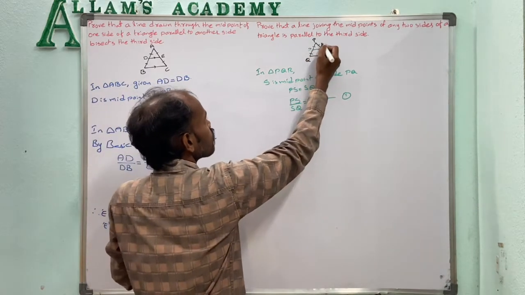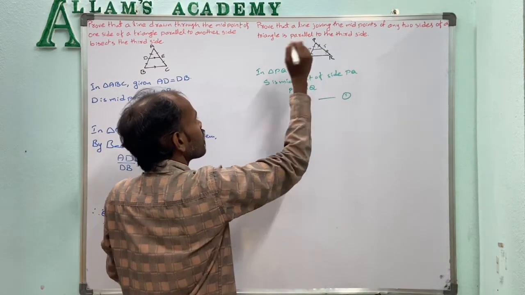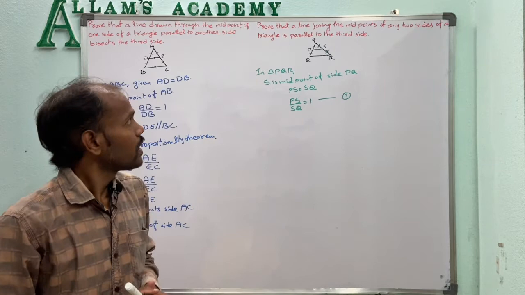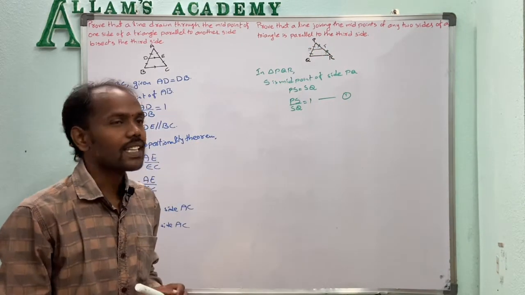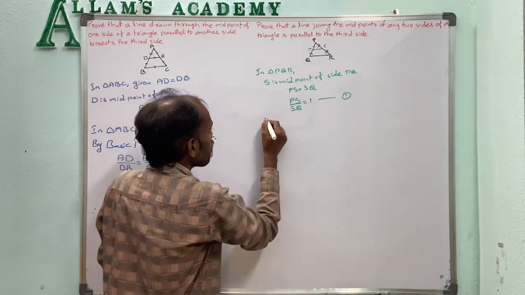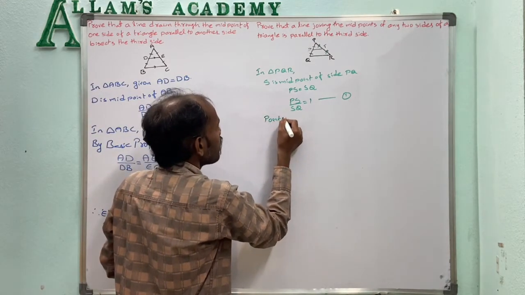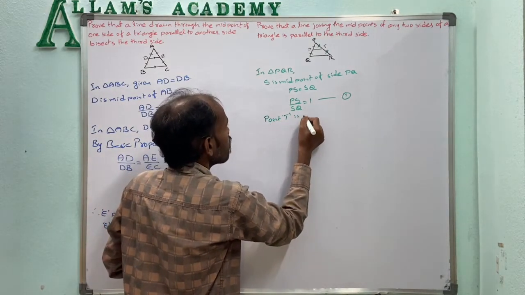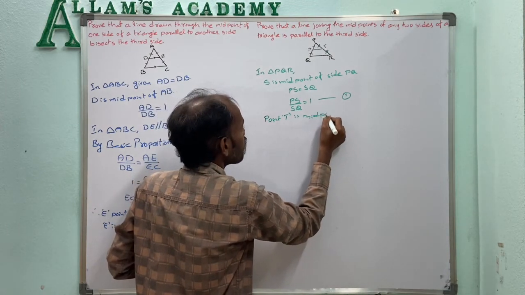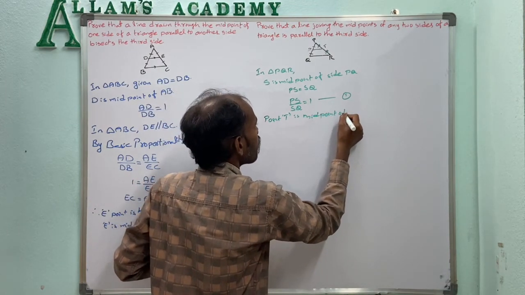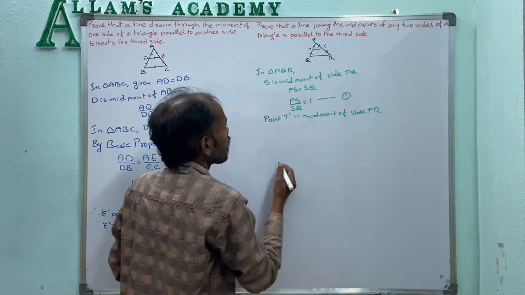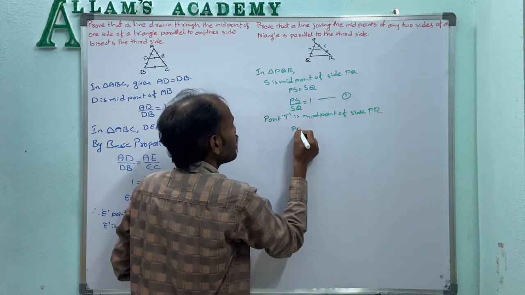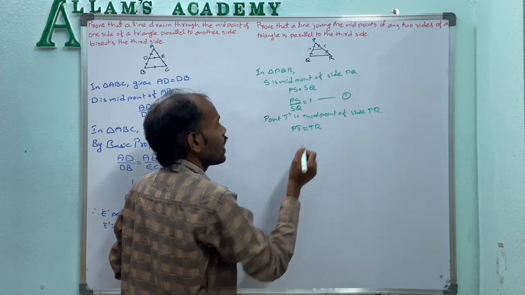So point T is the midpoint of side PR. So PT equal to TR.